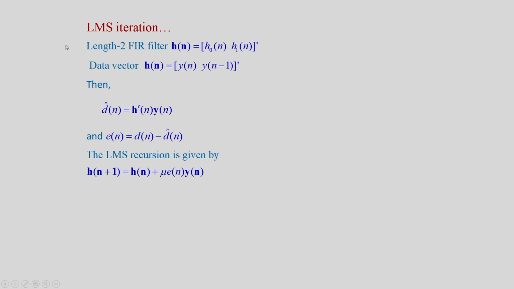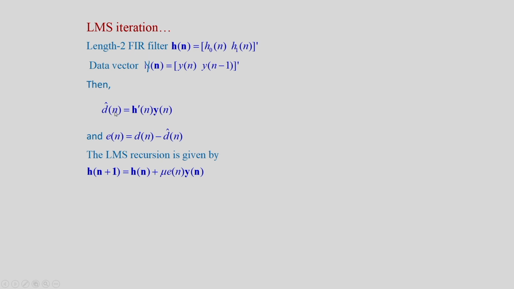Now, the LMS iteration will start. The length-2 FIR filter h of n is h0 of n and h1 of n transpose. These are the two filter coefficients. And the data vector y of n is given by this two-component vector comprising of y of n and y of n minus 1.